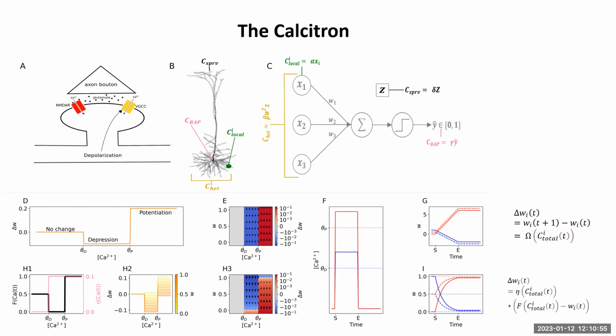That's the local calcium. And then you have what we call the heterosynaptic calcium, which people don't really talk about so much. But the idea here is that if you depolarize the dendrite, you can imagine that even if you don't have a postsynaptic spike, but you have enough presynaptic input, the whole dendrite becomes depolarized, and again you can open up these voltage-gated calcium channels.